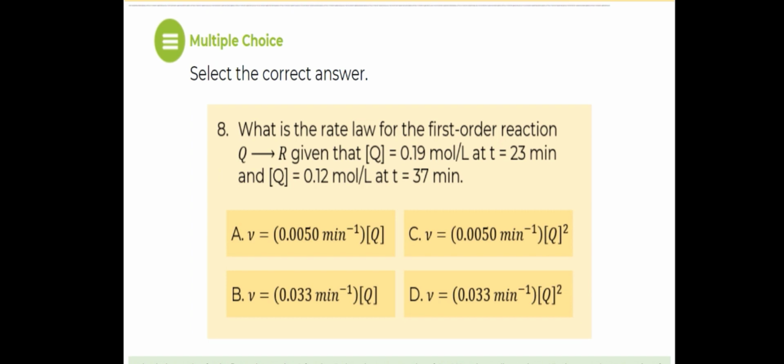Question number 8. What is the rate law for the first order reaction Q forming R given that concentration of Q equals 0.19 moles per liter at time equals 23 minutes and concentration of Q equals 0.12 moles per liter at time equals 37 minutes? Select the correct answer.